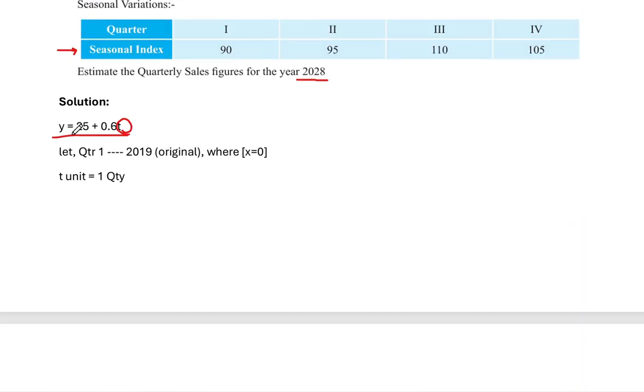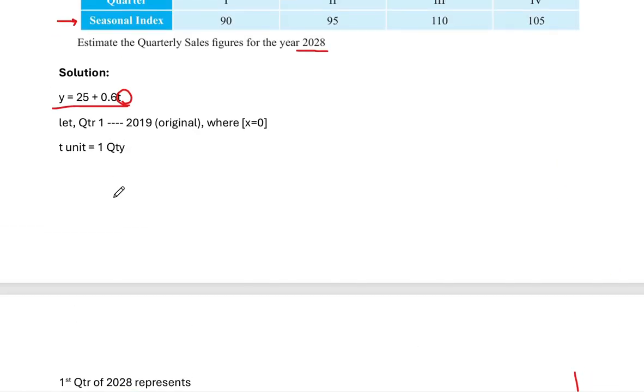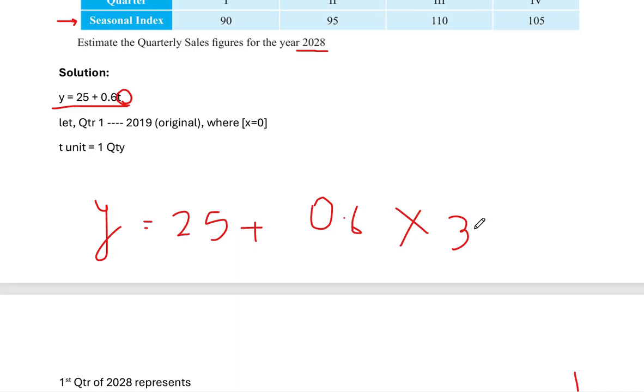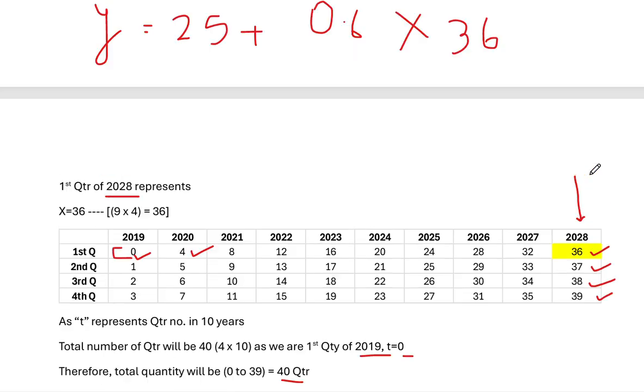Here our equation is Y is equal to 25 plus 0.60 t. So for the first quarter we will calculate as Y is equal to 25 plus 0.6 into 36, because our first quarter value is 36.